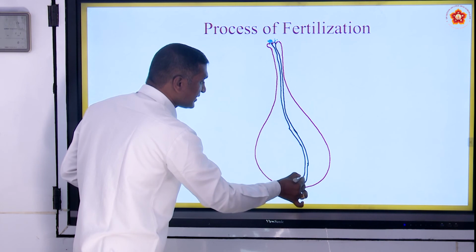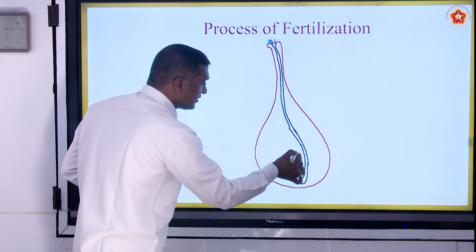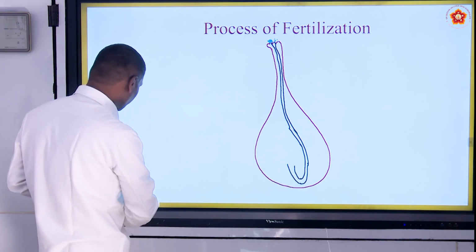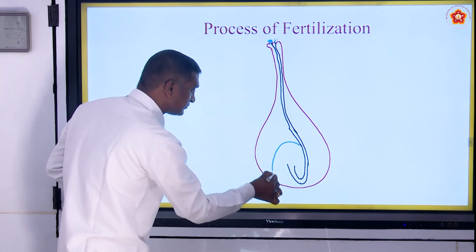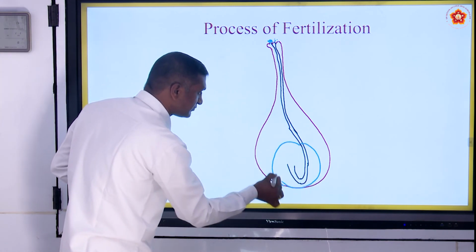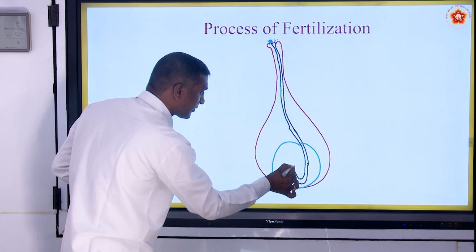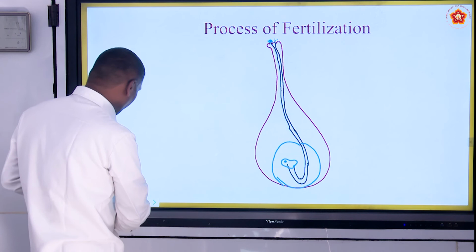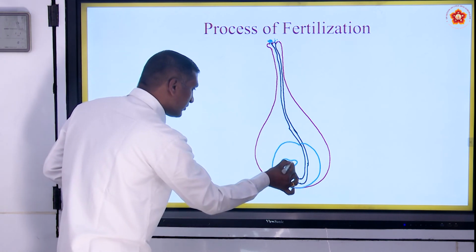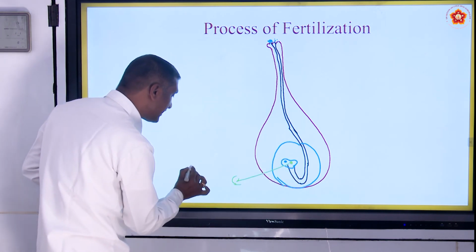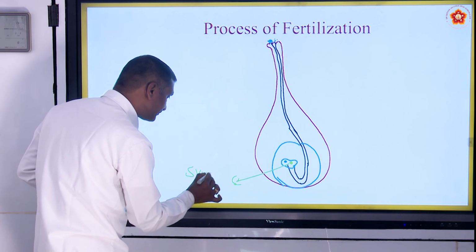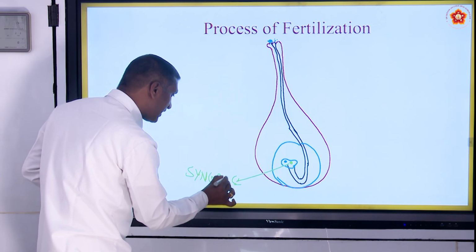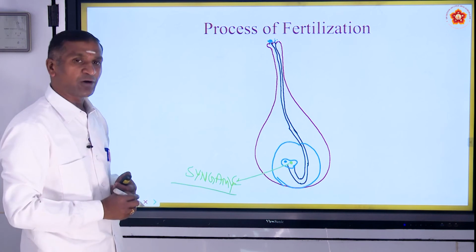To the ovary, and inside you can observe one, which we call syngamy. A diploid zygote is being formed.